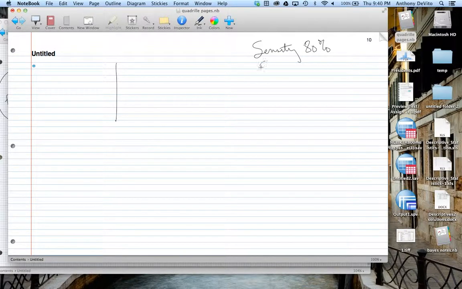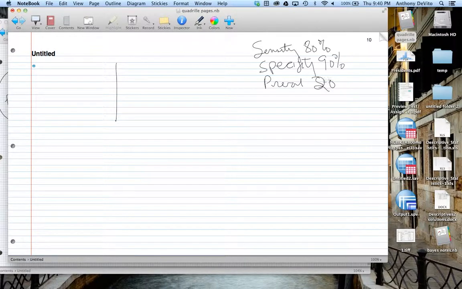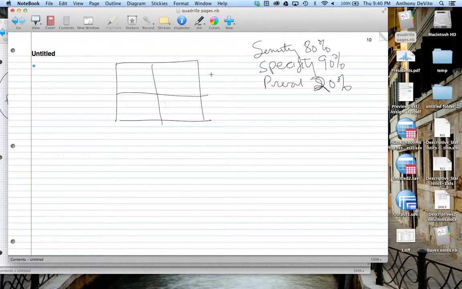It had a specificity of 90%, and there was a condition where the prevalence was 20% in the population. Okay, so I'm going to set up a box here, and I'm going to start off with 1,000 people.